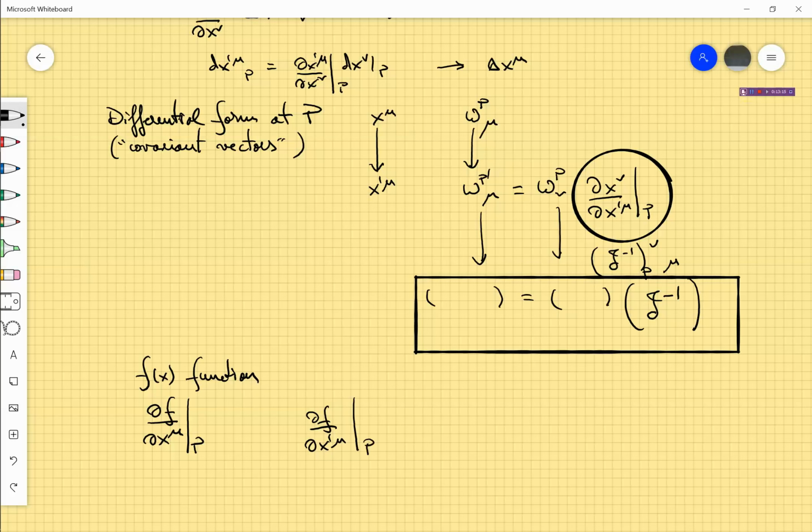Of course the P, I don't need to write P prime, the point is exactly the same, it's just the coordinates that take different values. When it is a different coordinate system, the coordinates of that point are different, but the point is the same.